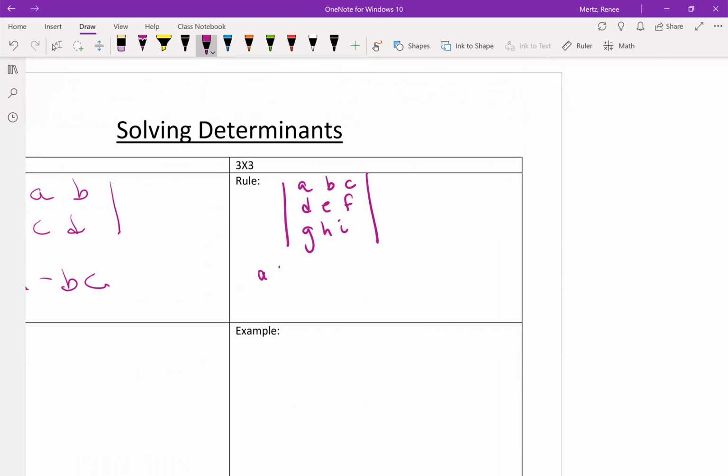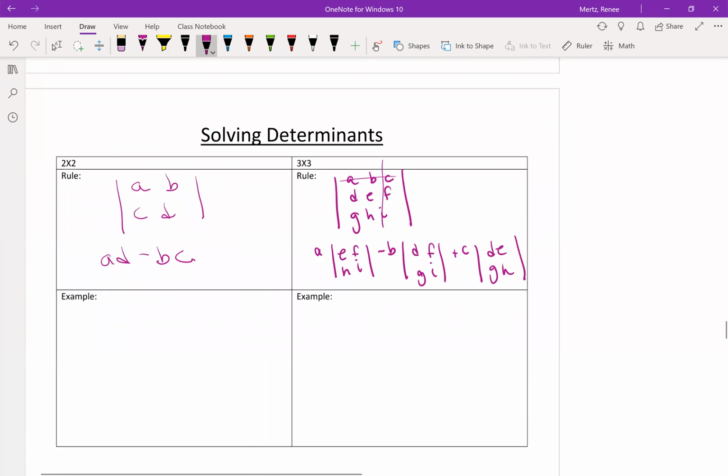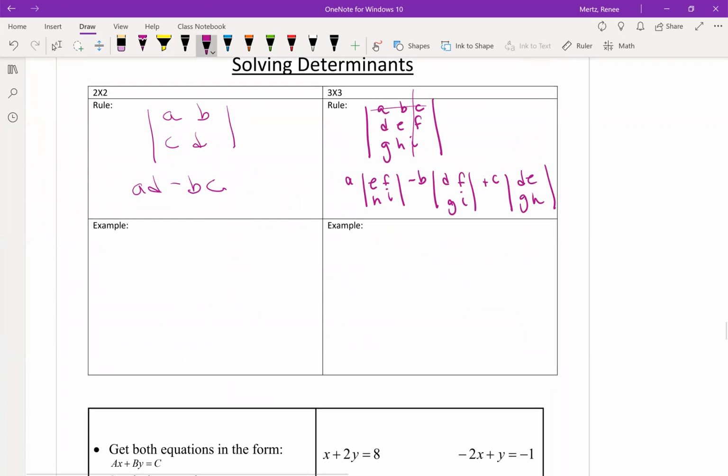It's A times EHFI minus B DGFI plus C. So you cross out, DEGH. So if we have this example, 3, negative 2, 4, 5, we get 15 minus negative 8 to get 23.